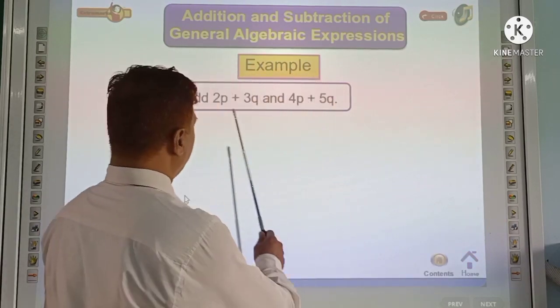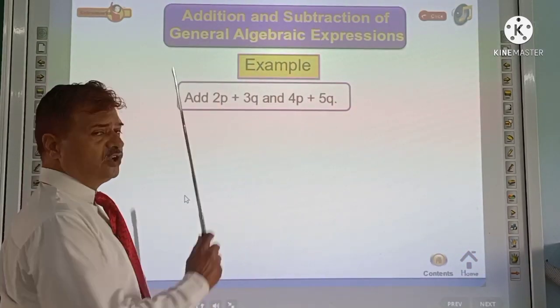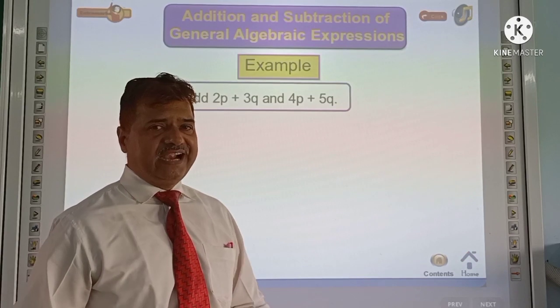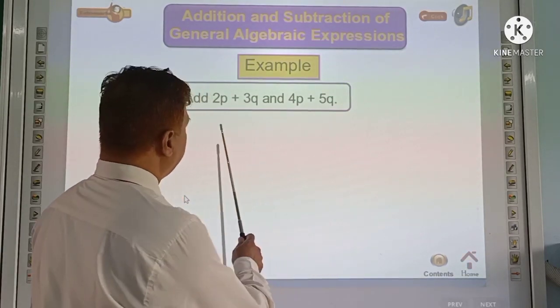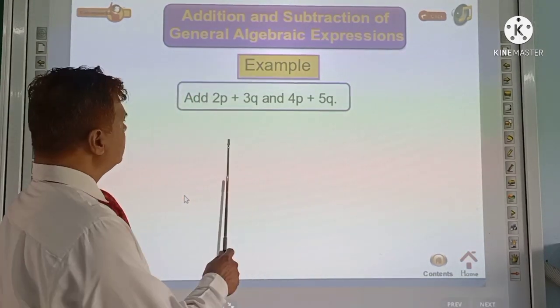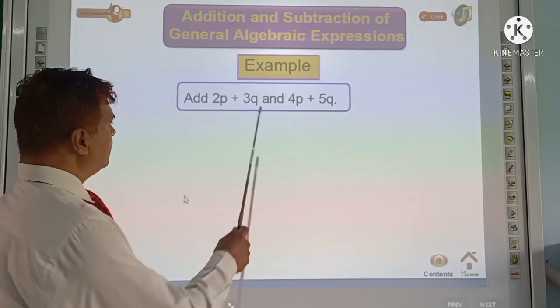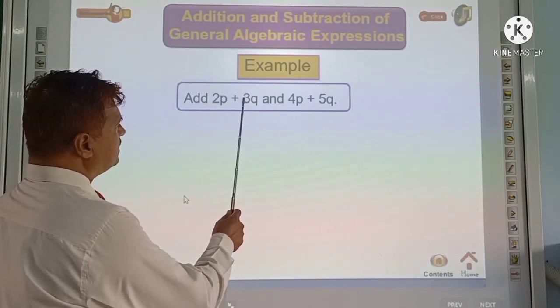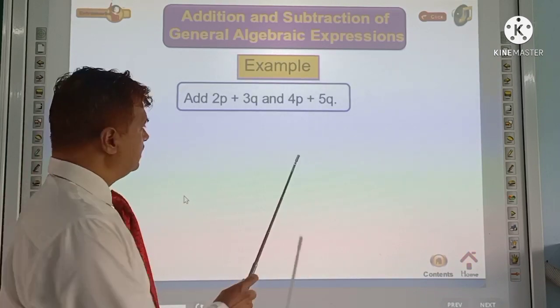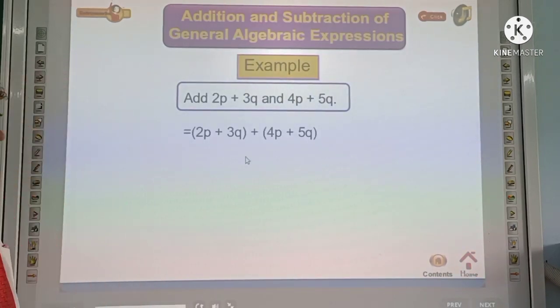Both are binomials. If you want to add these two algebraic expressions, put same term with same term, like 2p with 4p, 3q with 5q. To add these expressions, we first put the like terms together. Look carefully how it is done.